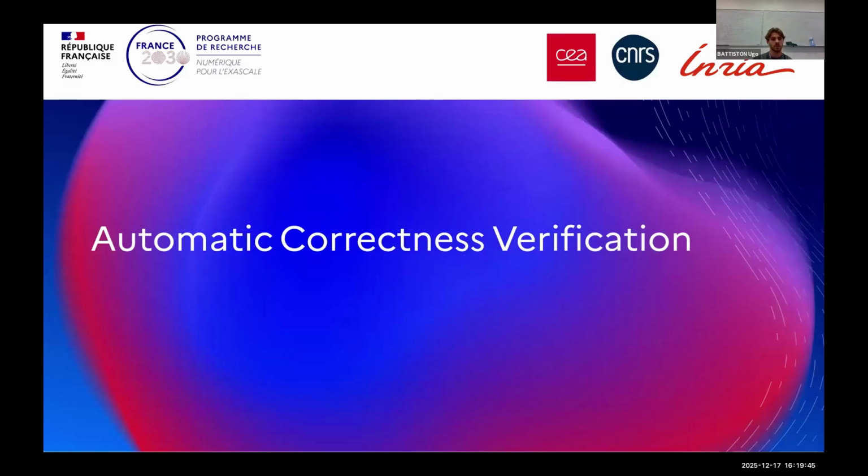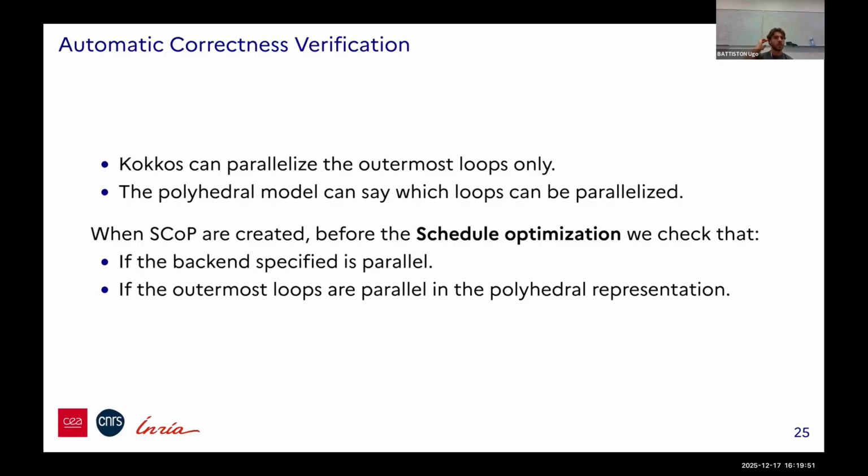Another second work is an automatic correctness verification. When a user writes a Kokkos kernel, he can parallelize the outermost loop, and the Polyhedral model can say which loop with the schedule can be parallel.